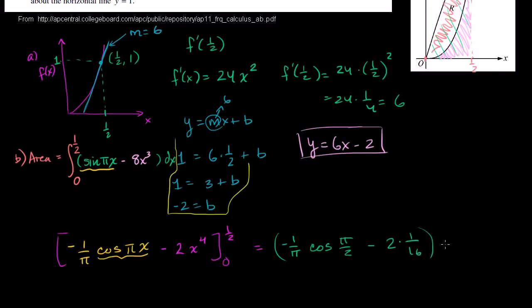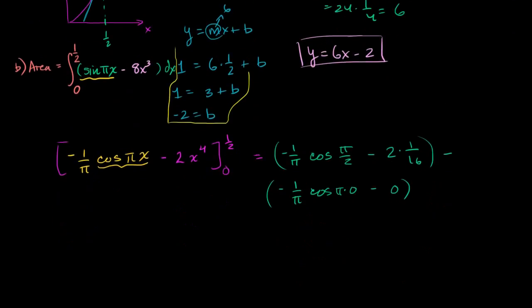And then from that I'm going to subtract negative 1 over pi cosine of pi times 0, minus 2 times 0 to the fourth. So that's just going to be minus 0.